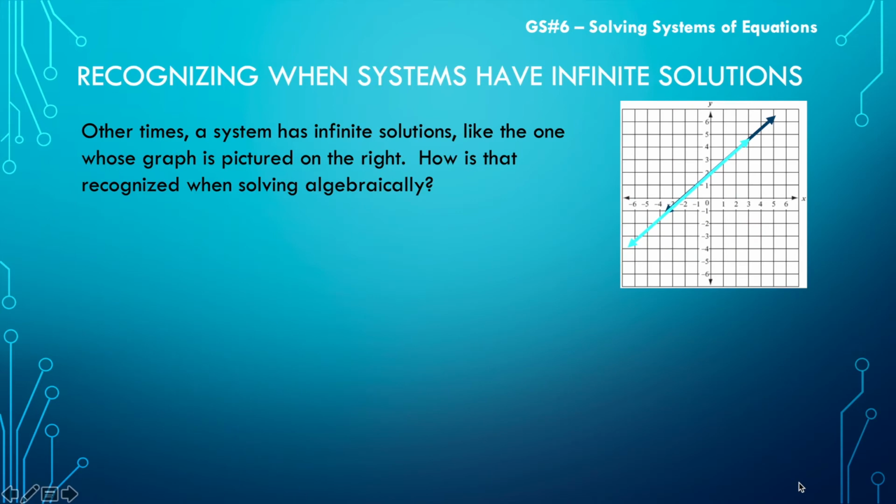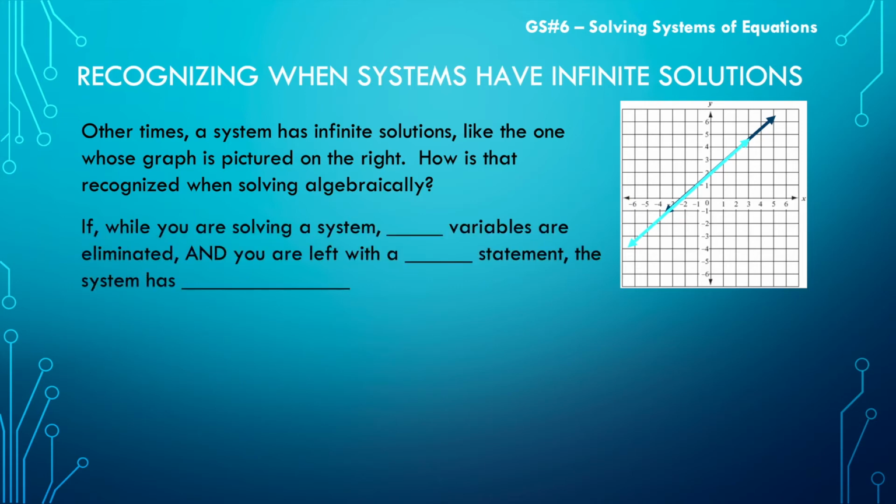So then the other type of system of equations that we would want to discuss would be a system where the lines coincide. Recall that that is a system that has infinite solutions, right? And we would recognize this by kind of the same thing happening.